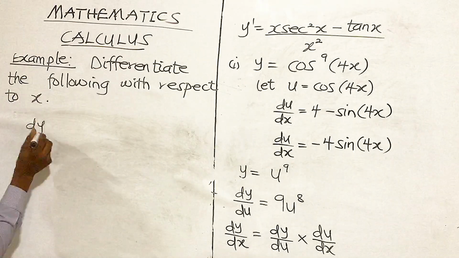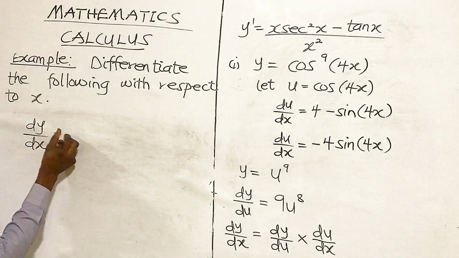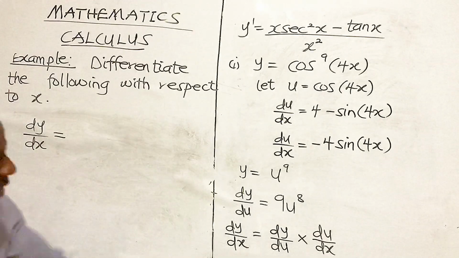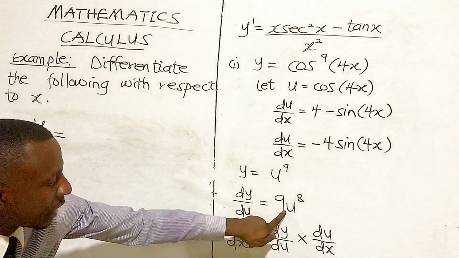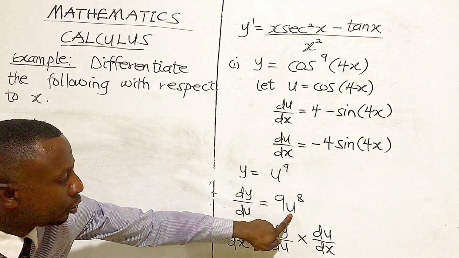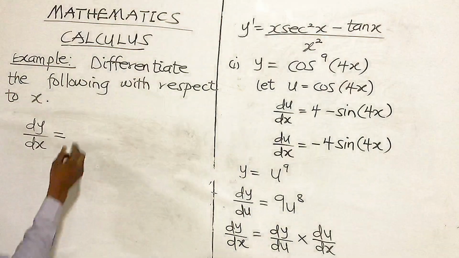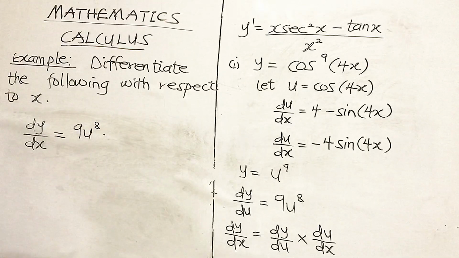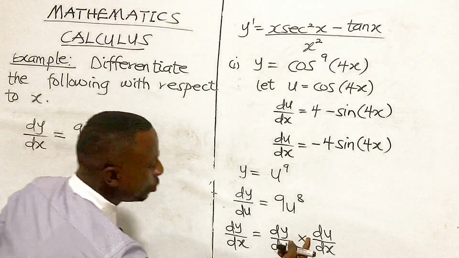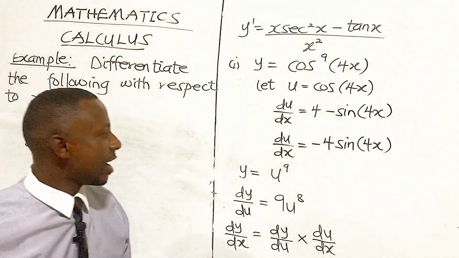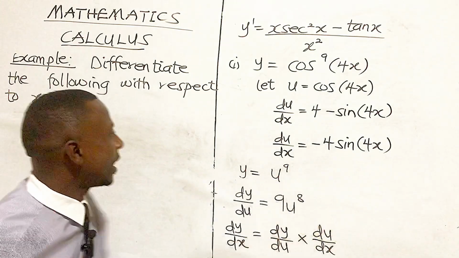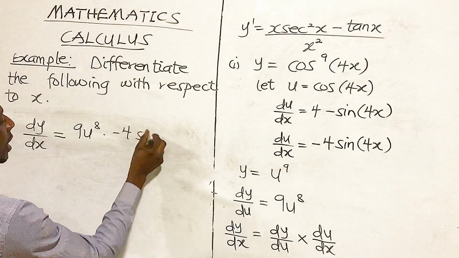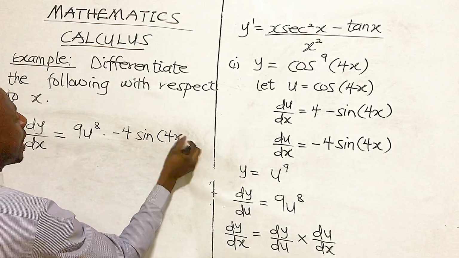So we have dy over dx is equal to, now from here, dy over du is 9u power 8. So we have 9u power 8 multiplying du over dx. And du over dx from here is negative 4 sine 4x.